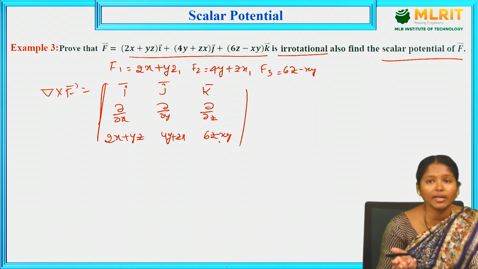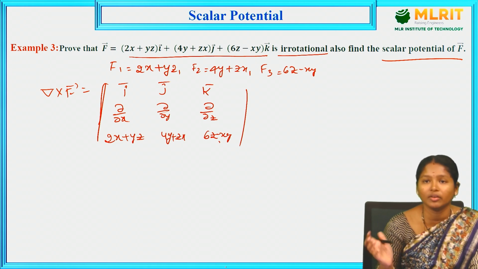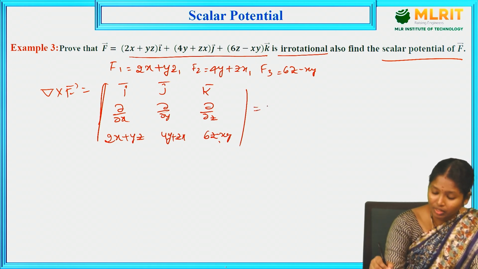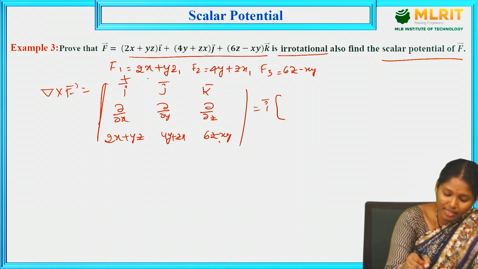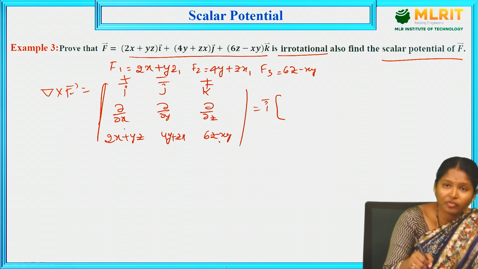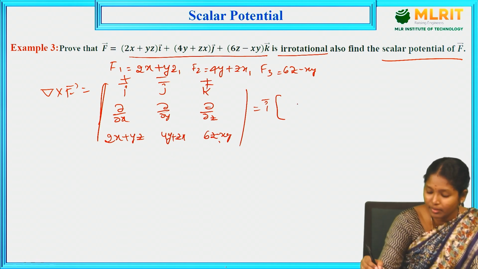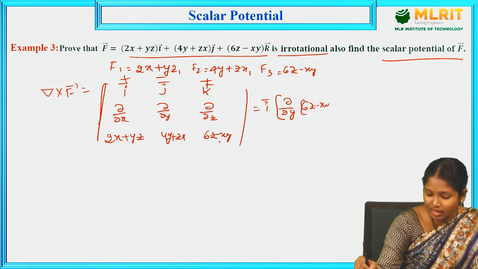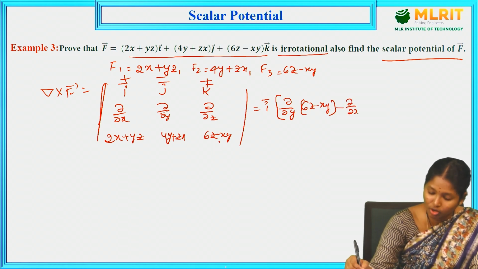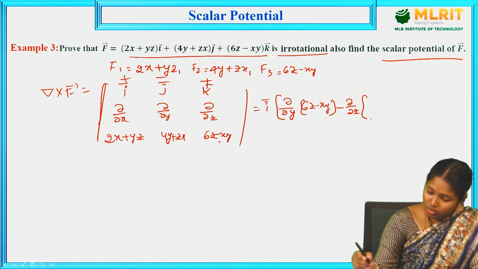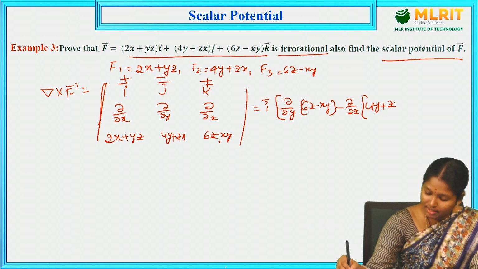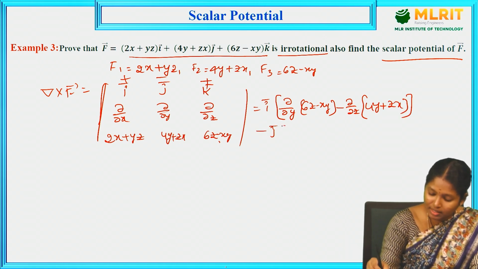That's why I am directly substituting the f1, f2, f3 values. So I will get i bar into, plus minus plus. So first row and first column will be eliminated. So dou by dou y of 6z minus xy, minus dou by dou z of 4y plus zx.